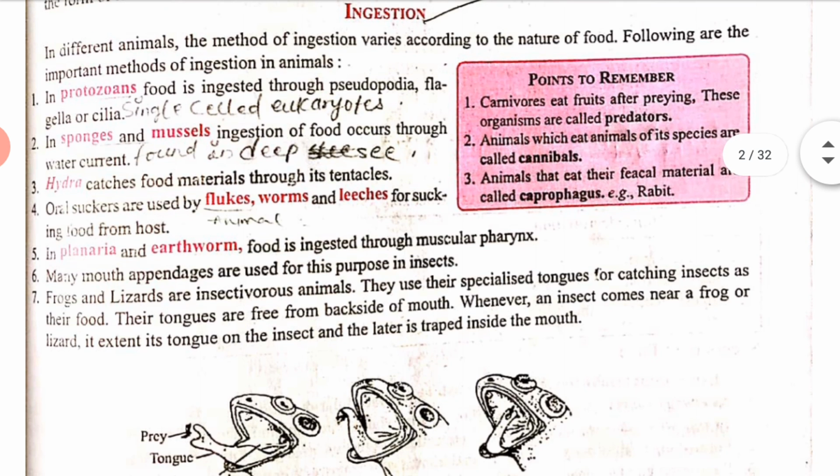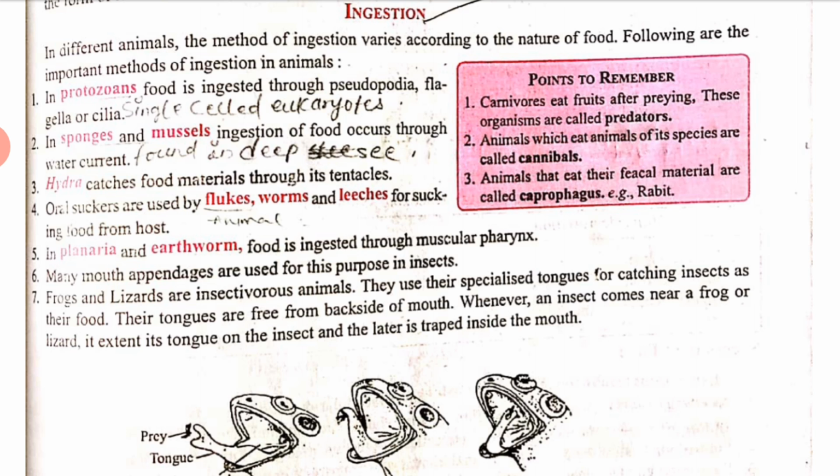Next we have sponges and mucus. Ingestion of food occurs through water current, because they take food with the help of water current. That is the reason they are found deep down in the sea. Next is hydra. As you all know, it is found inside the water.